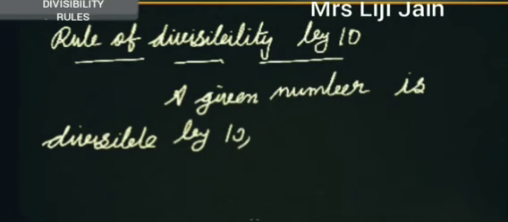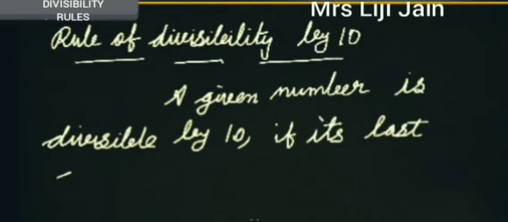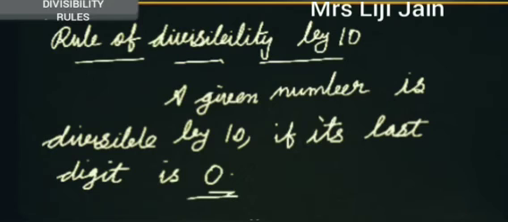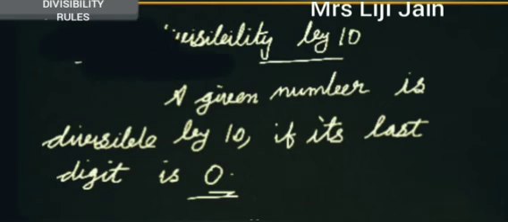A given number is divisible by 10. What is the rule? If its last digit is 0. That's all. A number having last digit as 0 is divisible by 10.